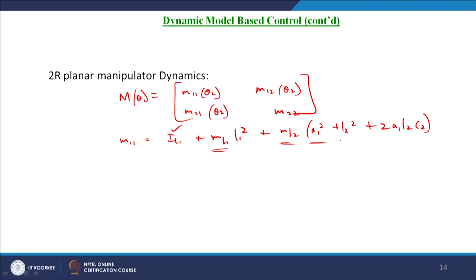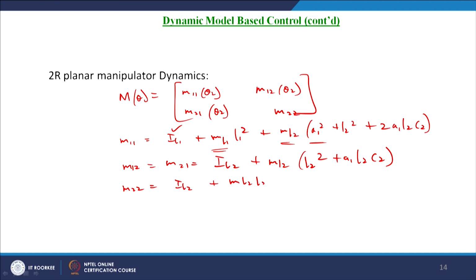A1 is the length of link L1 and A2 is the length of link L2, and L1 and L2 are nothing but the distances from the respective joints, joint 1 and 2, to the centers of mass of those two links. Now, M12 is equal to M21 equal to I L2 plus M L2 into L2 square plus A1 L2 C2. C2 is nothing but cos of theta 2, and M22 is given by I L2 plus M L2 L2 square.